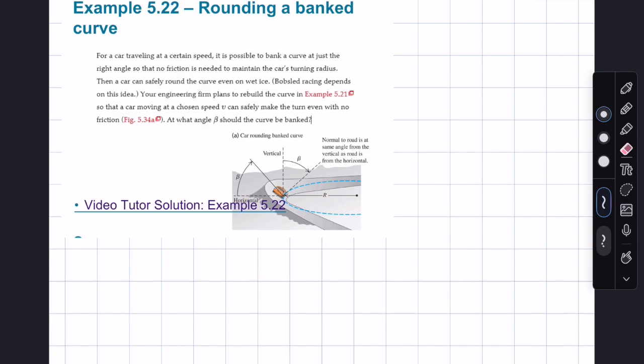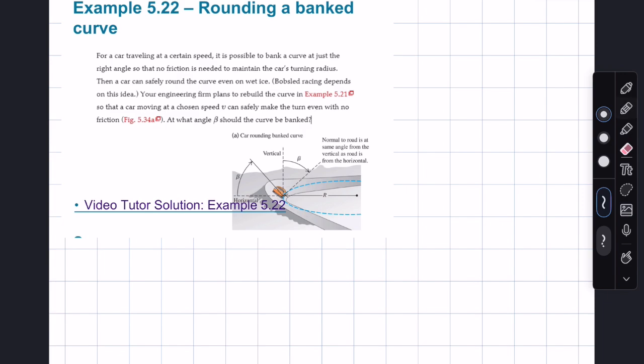Now we're going to ignore friction between the tires and the road and instead bank the road. So we're going to tilt that road by an angle beta. And now a component of the normal force is going to end up in the x direction. And that component of the normal force in the x direction is going to act like the string on the ball, keeping that ball moving in uniform circular motion.